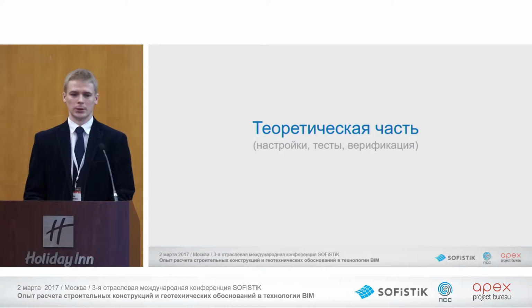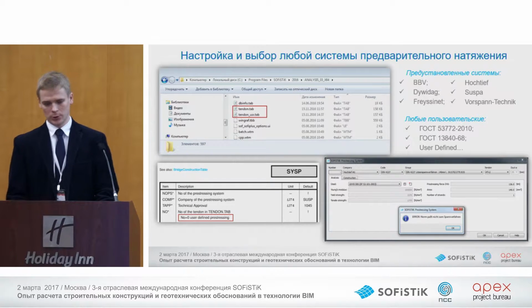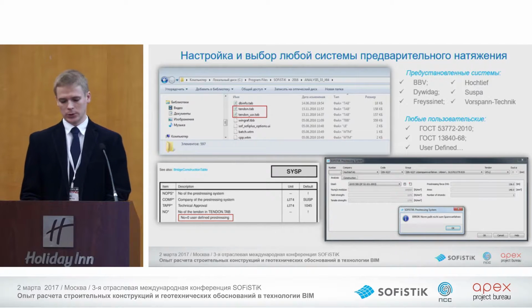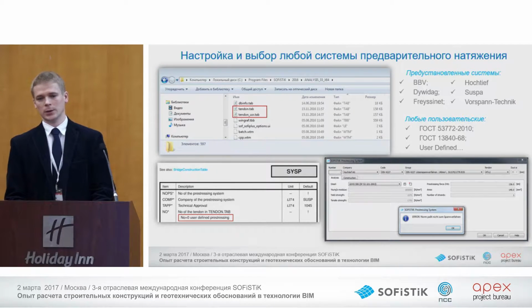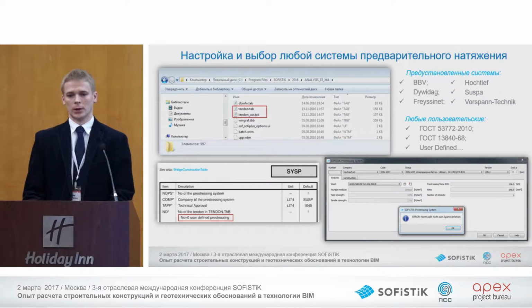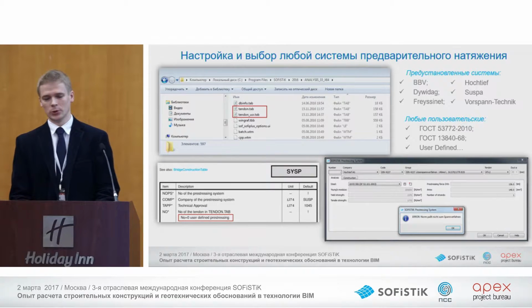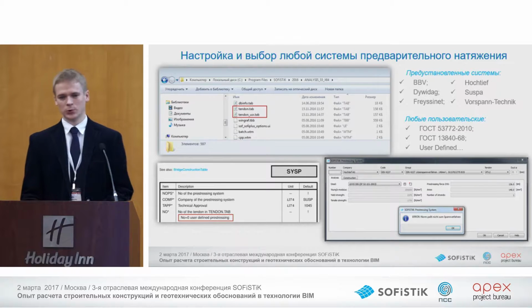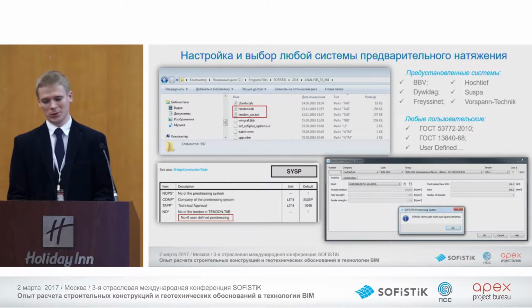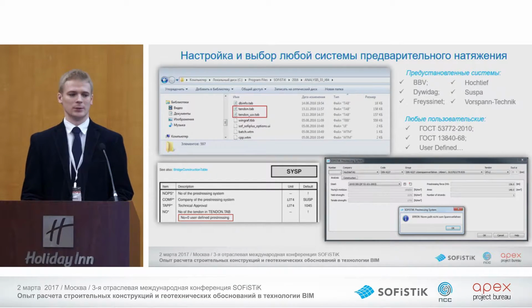And now let's go to the theoretical part, the tests, settings, and verifications, and so on. So first of all, we create a system of post-tensioning, and SOFiSTiK suggests six systems of world-class companies with very good brand names.